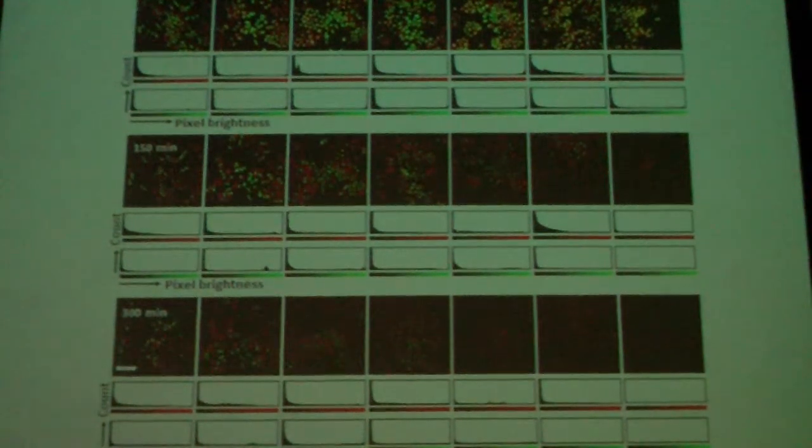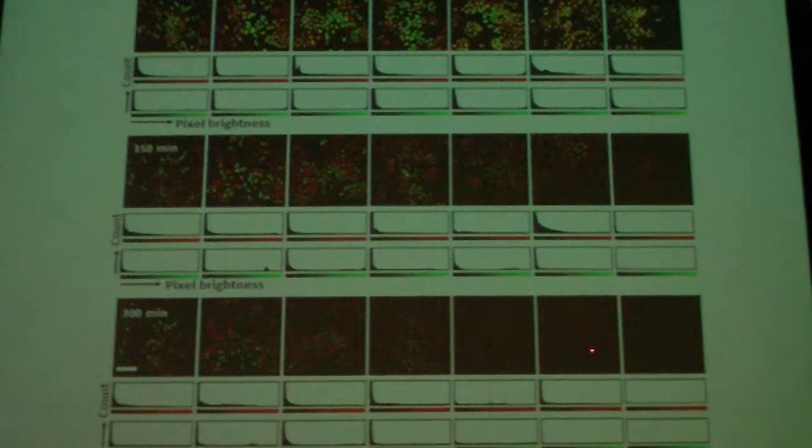And the last image shows the highest light intensity of 14.27 milliwatt per square centimeter and the same exposure times. Again, very high photobleaching under the longer exposure times is recorded. This histogram shows the distribution of the brightness of the images.